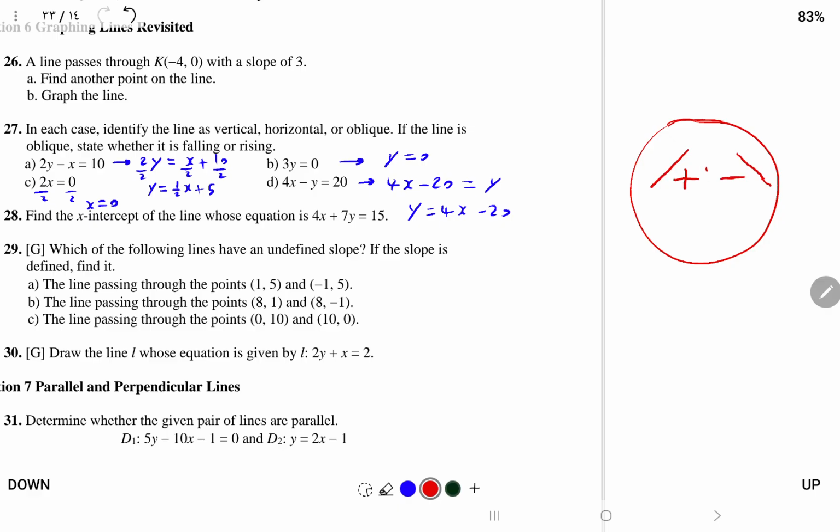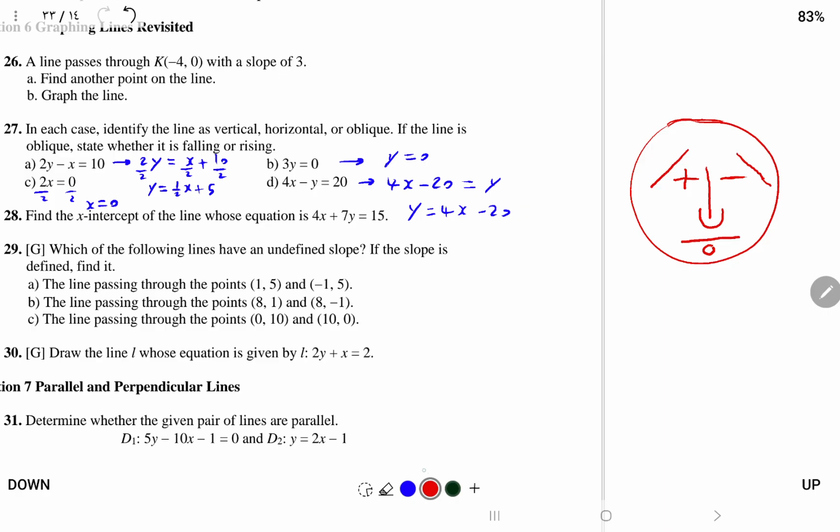And a vertical line will have an undefined slope. This is U. U means undefined. And a horizontal line will have a zero slope. Draw it in your notebook. It's very useful to understand the slopes.